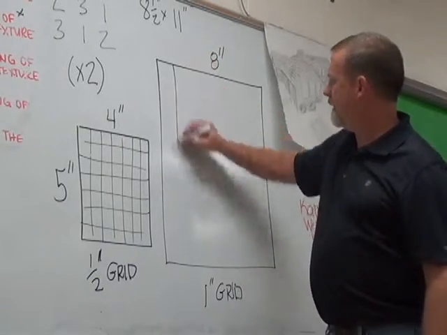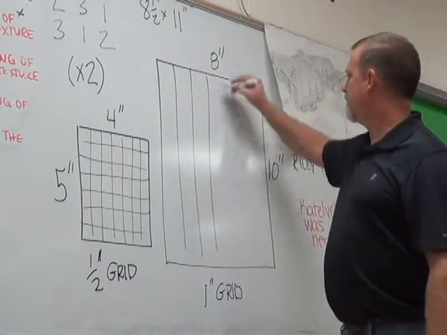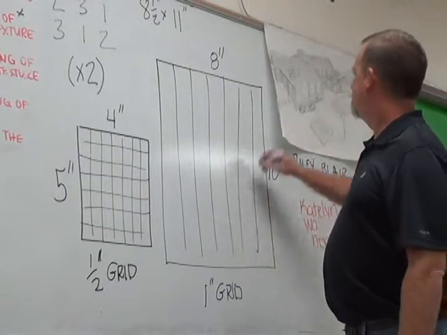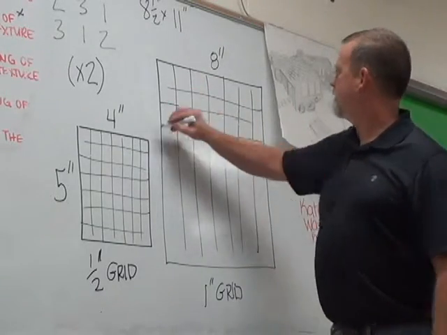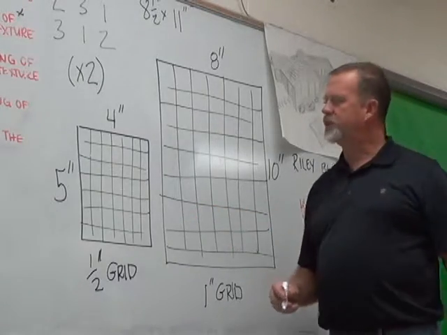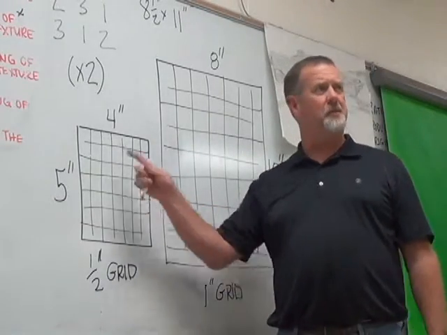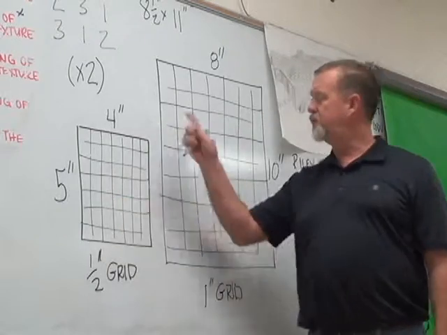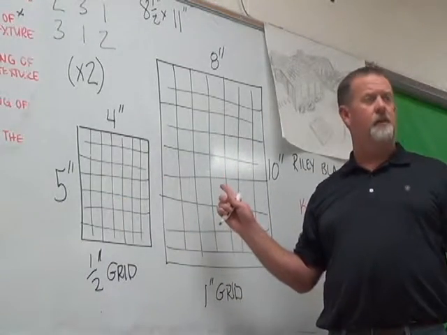Okay, so now we have that same thing going on over here. And if everything is right as it should be, you should have the exact same number of grid squares on this page as you do on this page, right?